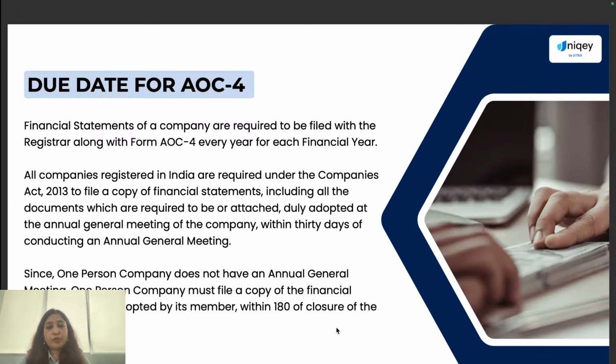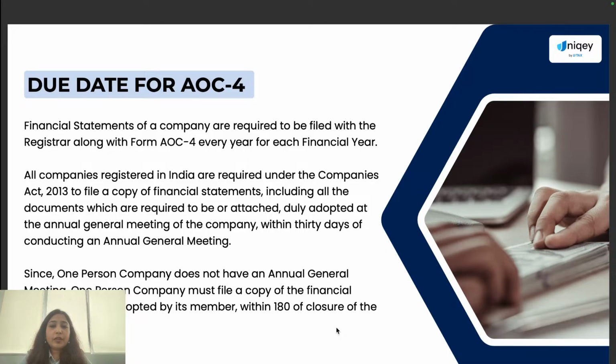Due date for AOC 4. Companies are required to file financial statements in Form AOC 4. Basically, AOC 4 is required to be filed within a period of 30 days from the date of the AGM, in which we report each and every financial data, including board reports.